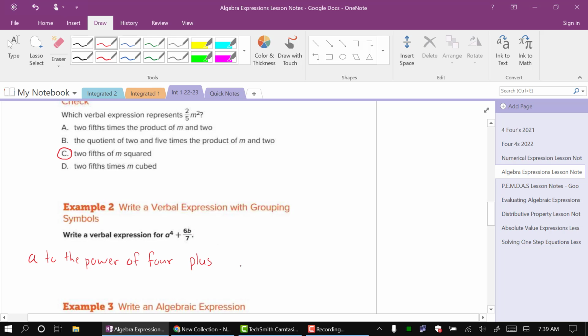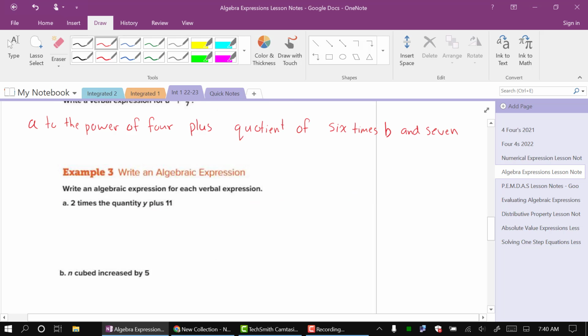Well, this is a division problem, so we're going to say quotient of, and we're going to do the top first, 6 times b. So we got the top done. Now we want to do the bottom, and 7. And there we go. So this part right here, quotient of 6 times b and 7, that's the second part right here.